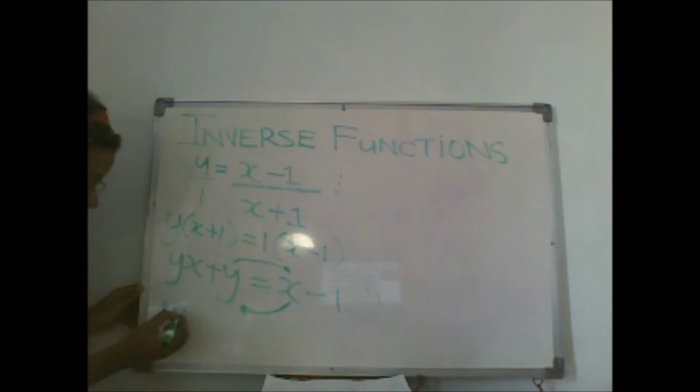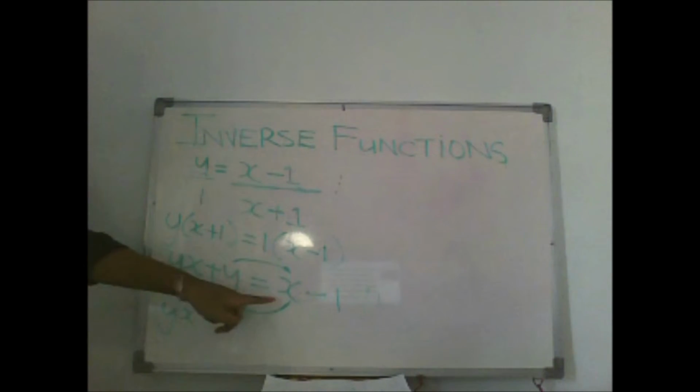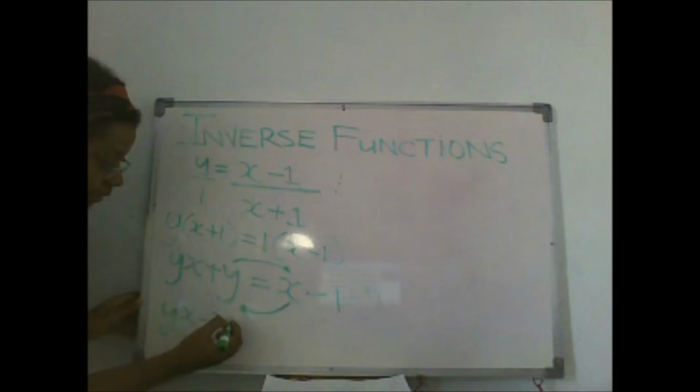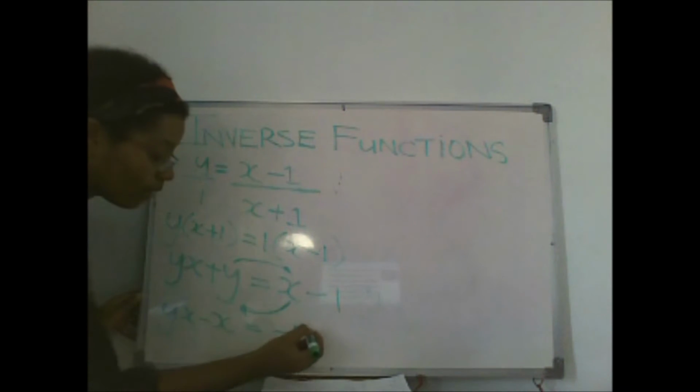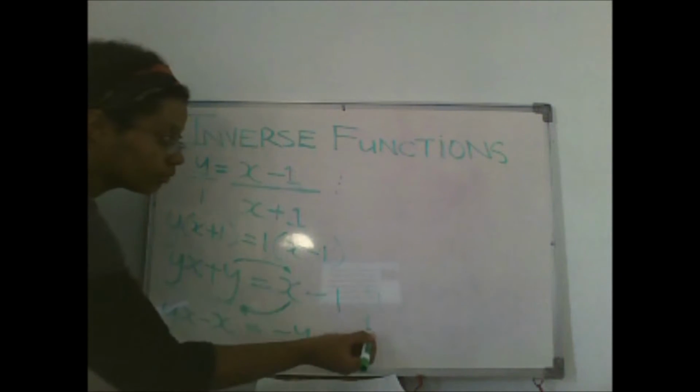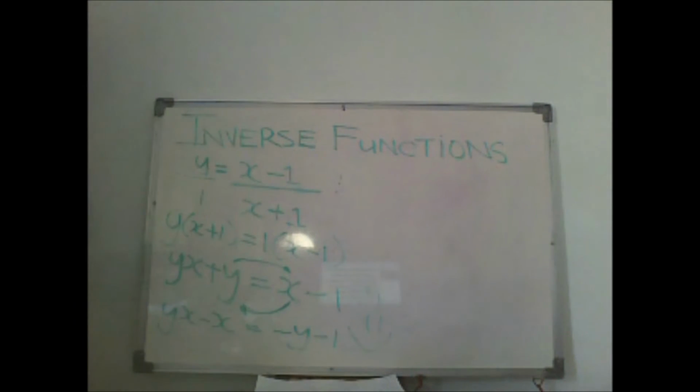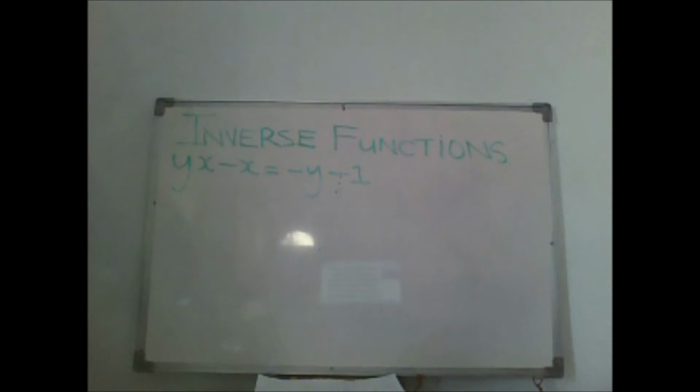So yx minus x is equal to, this is going to become negative because it goes across the equal sign, negative y minus 1. So we have yx minus x is equal to negative y minus 1.